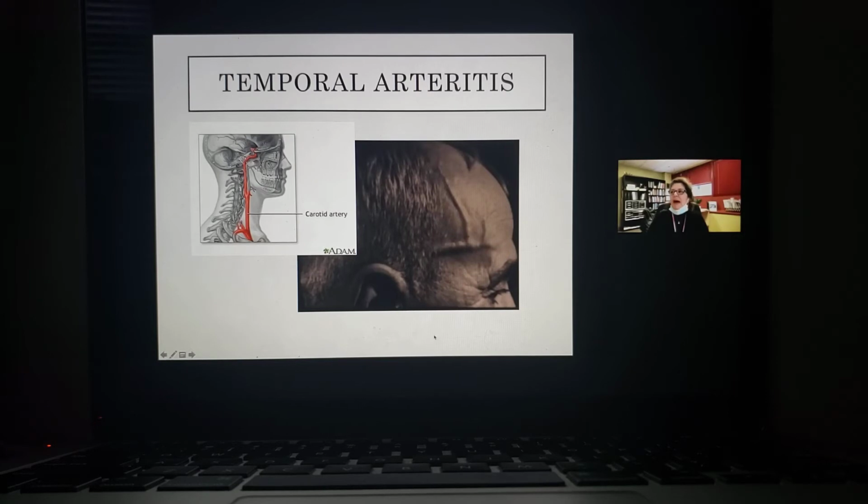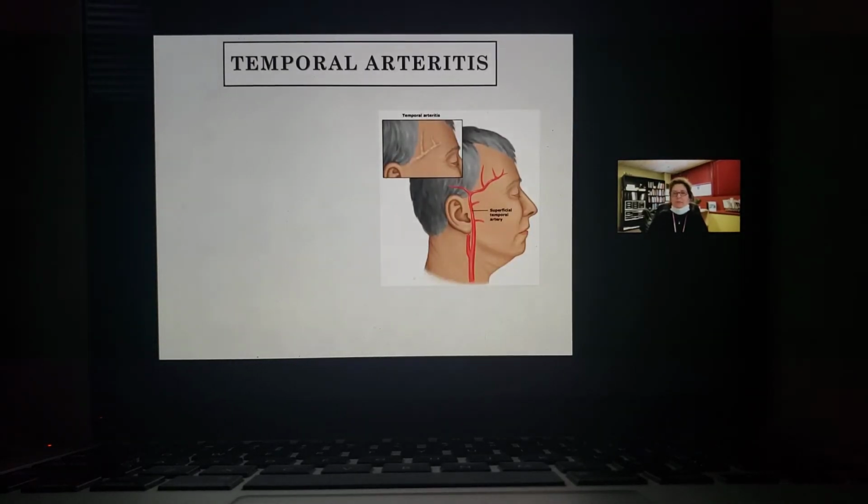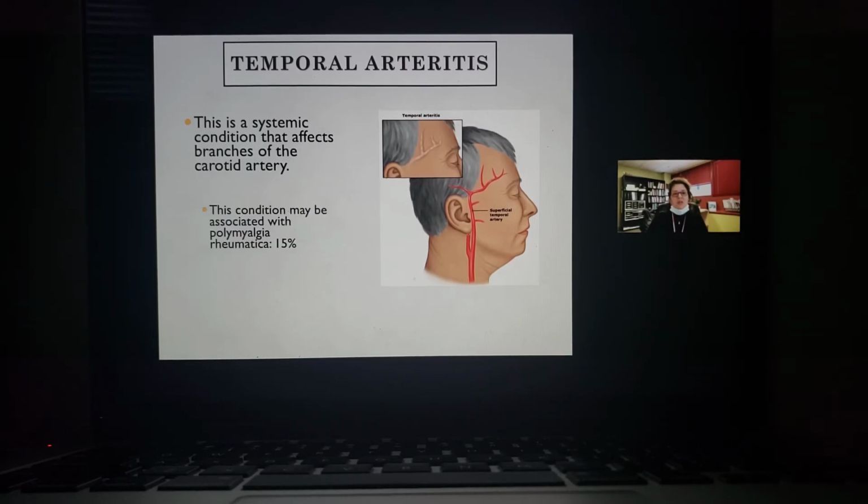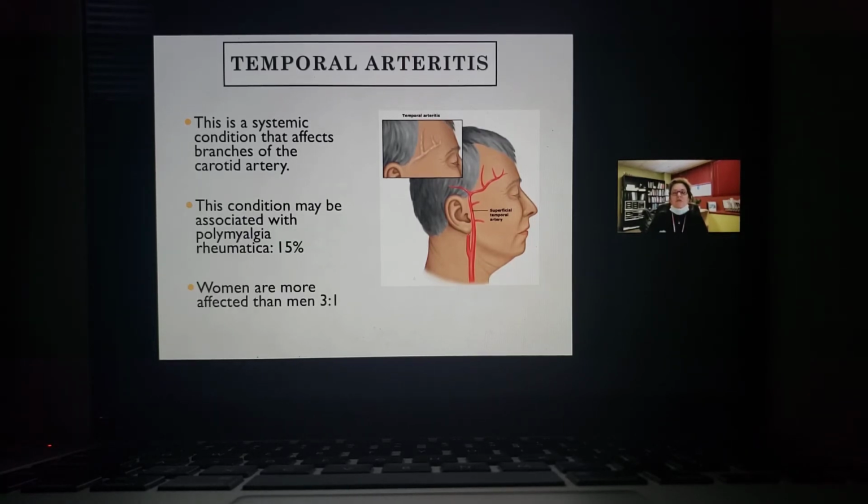When you ask the patient about any associated symptoms, the patient is going to complain about visual changes that progress over time.